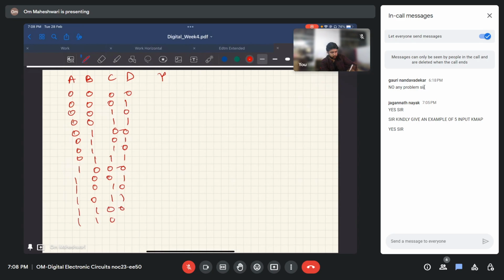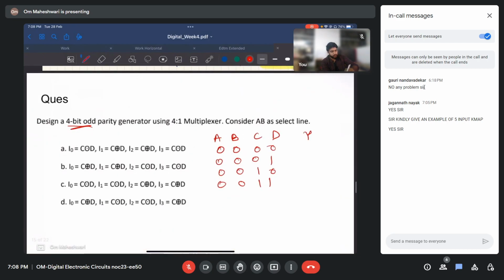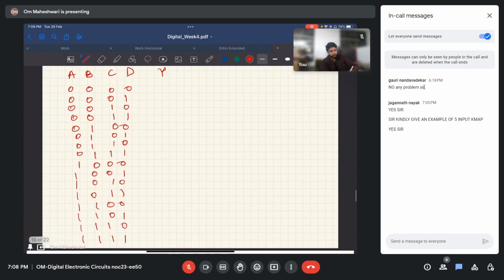1100, 1101, 1110, 1111. So now, since it is an odd parity generator, wherever we have an odd number of ones, it will give 0 output.